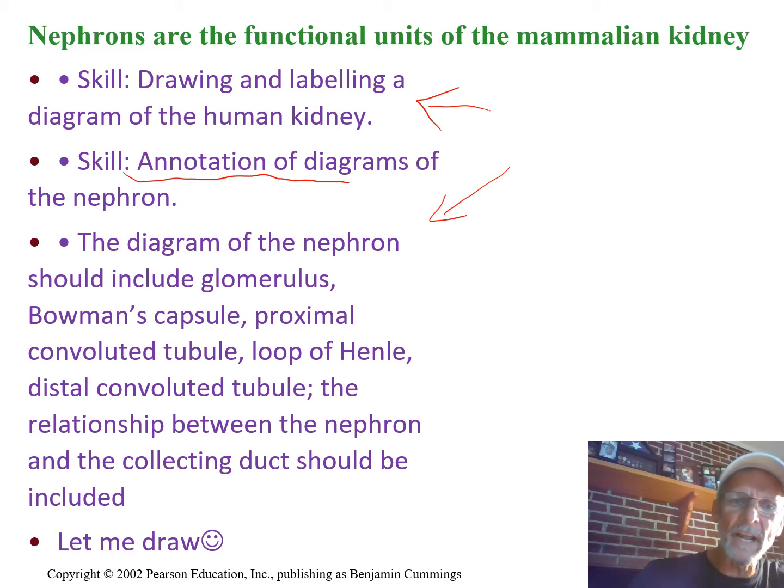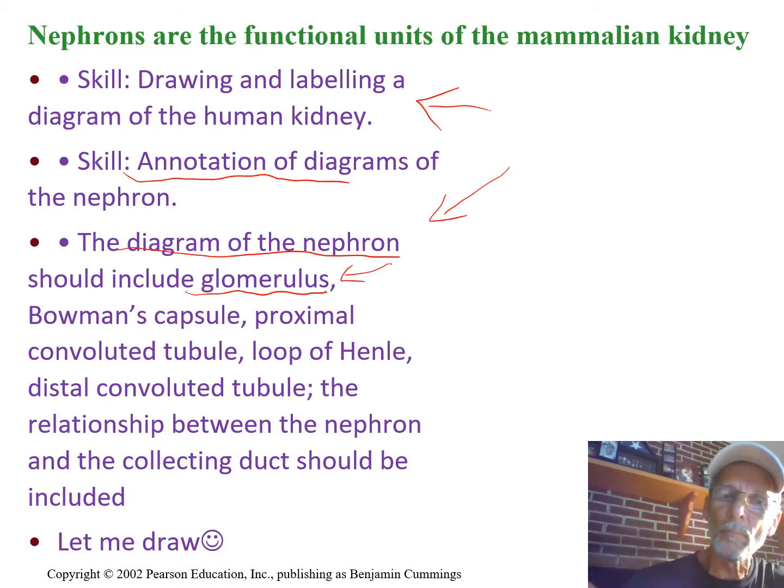What labels? Well, here they make the list. Again, the whole set of tubes is called a nephron. The part of the circulatory system where stuff is getting squeezed out, filtered out, is called the glomerulus. So that's a part of a blood vessel, a capillary, right? And then that first part of the nephron tube is called the Bowman's capsule.